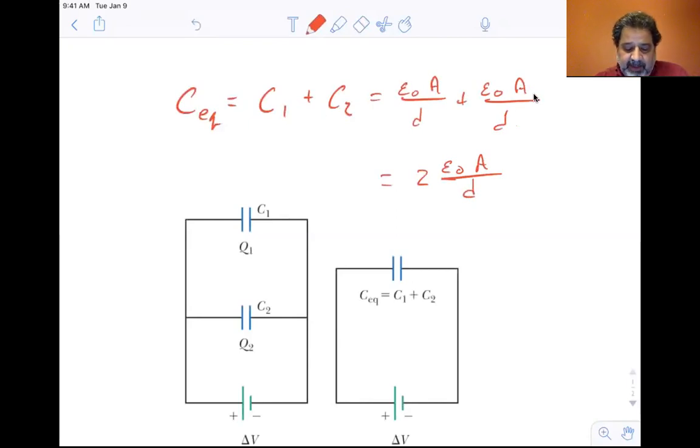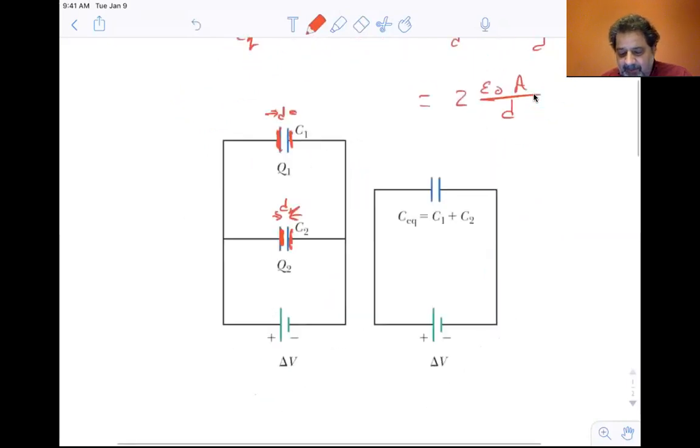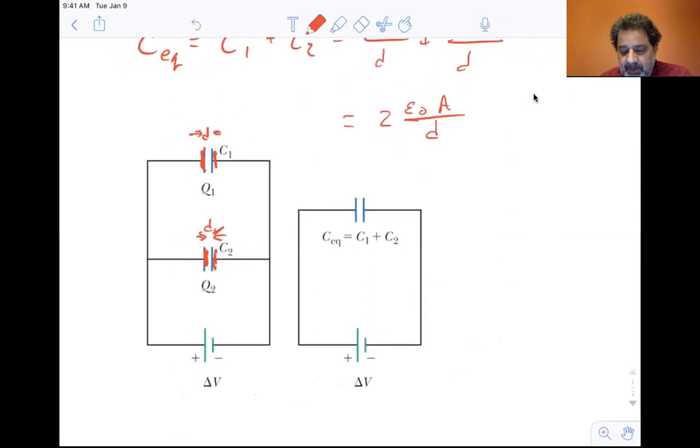You have an area here and an area here, an area here, and an area here. This distance right here is the same as this distance here, and we haven't changed the distance, but we are increasing the area. So this becomes double the area. This becomes double the area. The distance between them is the same, but we've doubled the area.